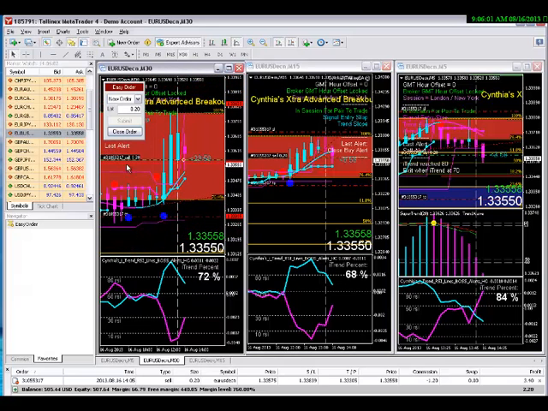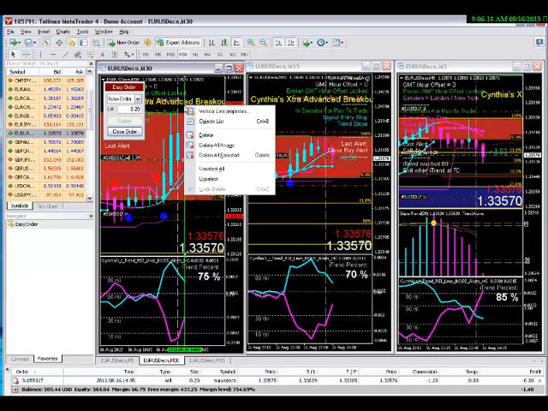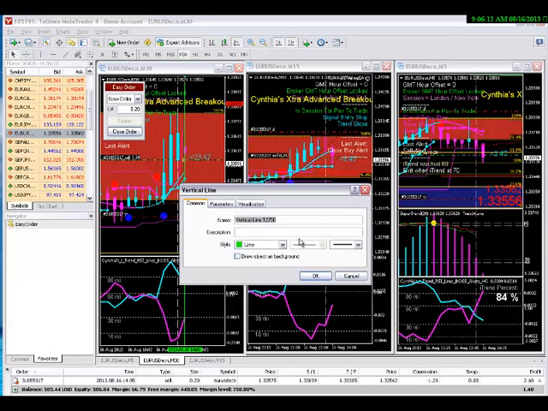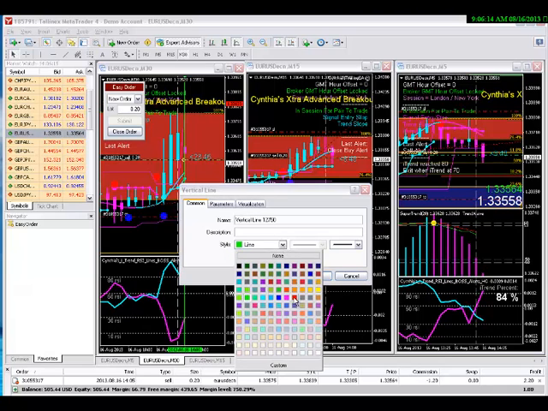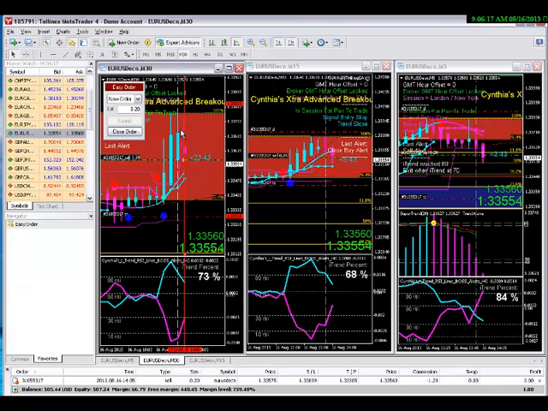Also, I forgot to tell you that it's a good idea to get in the habit of dropping your vertical line where you've placed your trades so you can go back and analyze your entry. This is how I do it. I drop the vertical line and change it to red if it's a sell.